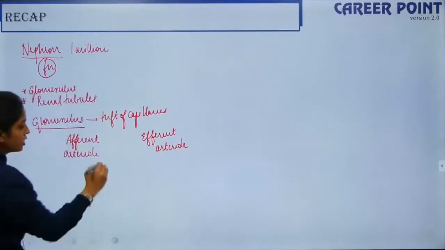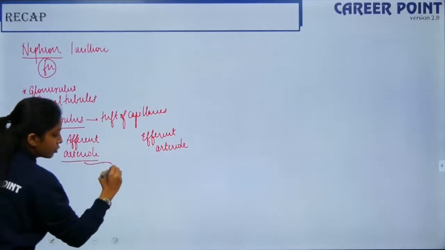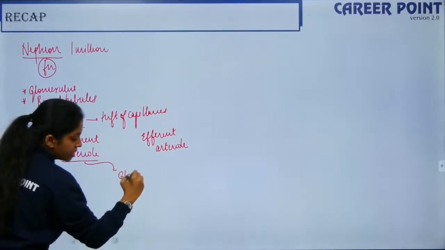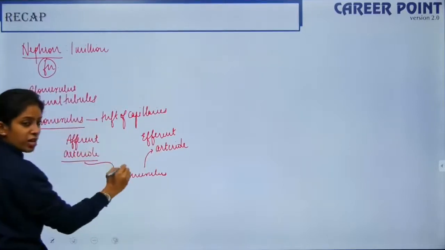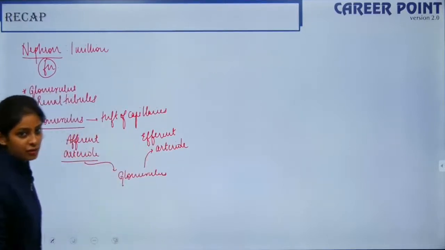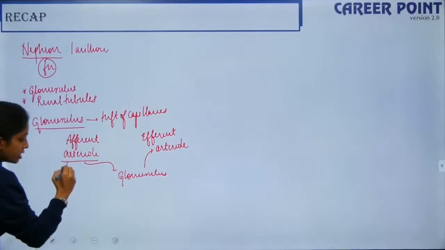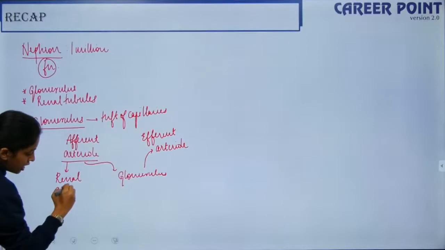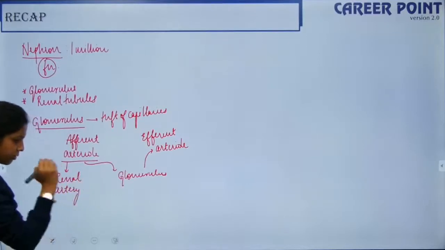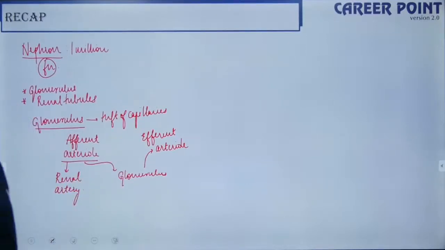Right? This brings blood into the glomerulus and this takes blood away from the glomerulus. So afferent brings in, efferent takes out. Okay? This is a branch of your renal artery. Artery carries oxygenated blood. Right? So this is your glomerulus.